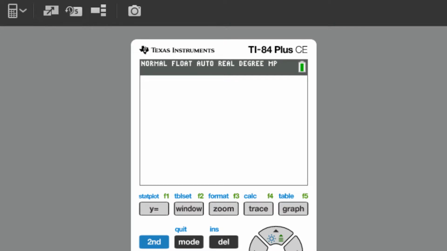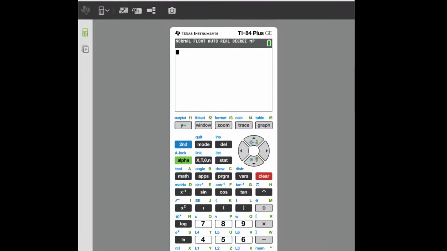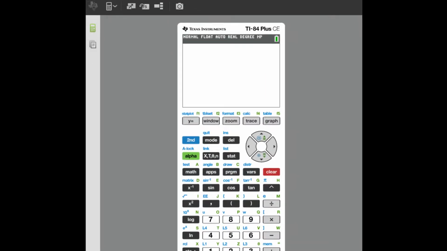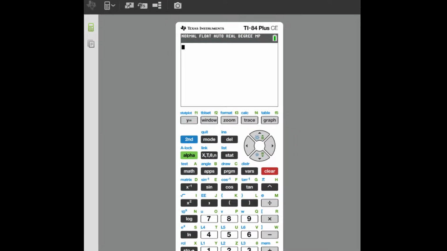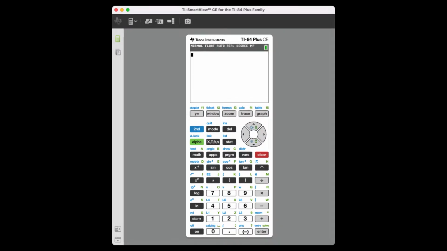Well, let's kind of back out there. Second square root, what do you have here? 10.8 what?